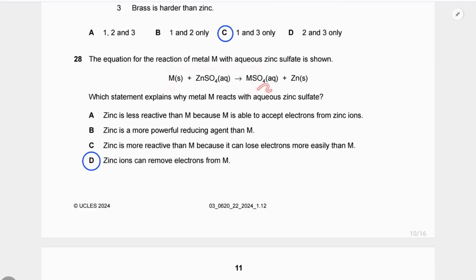So it has gained the electrons. So we can see here that zinc ions can remove electrons from M. Yes, we can remove the electrons from M because of the zinc. Okay, so the correct answer is D.